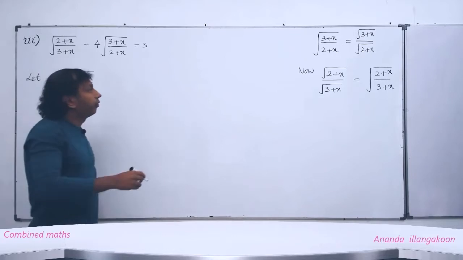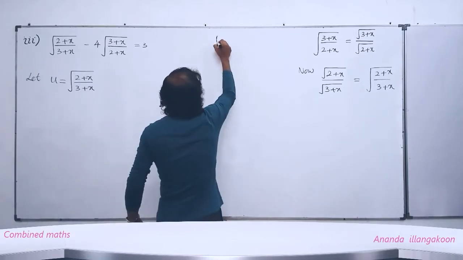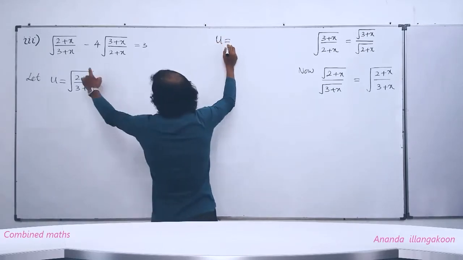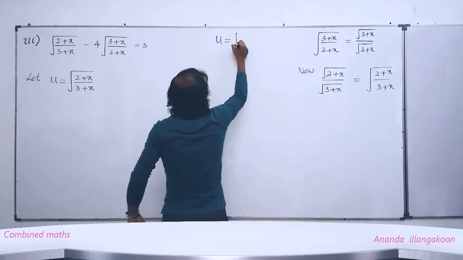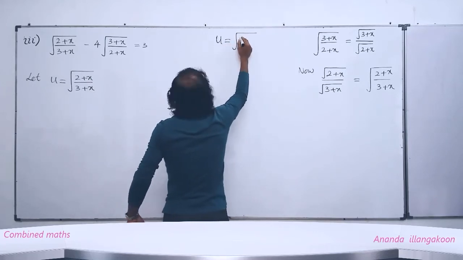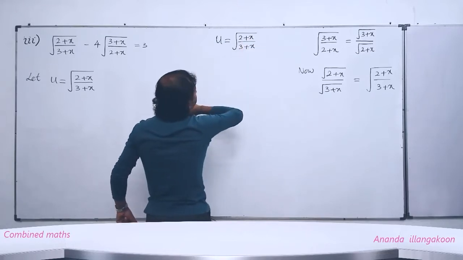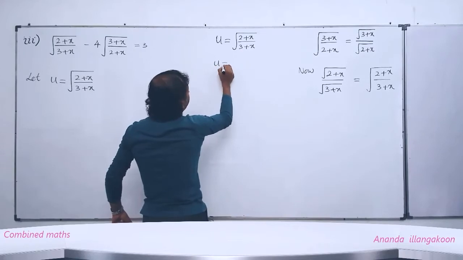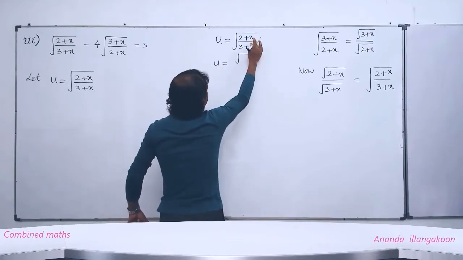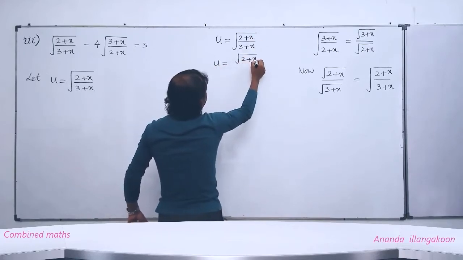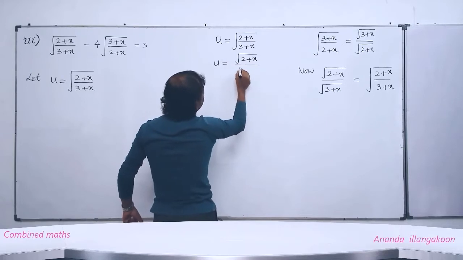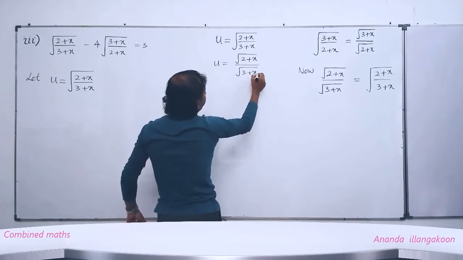I'll write that here also. U is this one, this is taken as u: 2 plus x divided by 3 plus x. Then I can write this right hand side, taking the root of the numerator and denominator. Right.